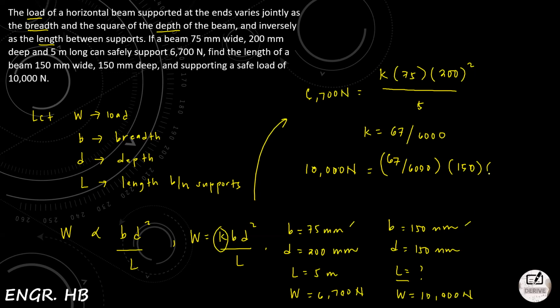Of course, the depth is 150 squared. So parehas namang mm and mm. So ang ilalim natin ay yun ang hinahanap, which is L. So dito na lang natin ilagay sa taas ang final answer. So that will become 67 over 6,000 times 150 times 150 squared divided by 10,000.